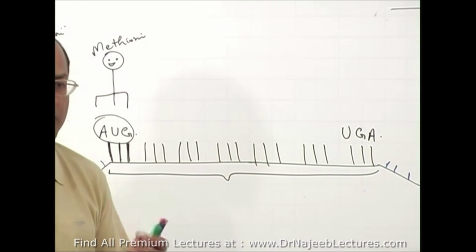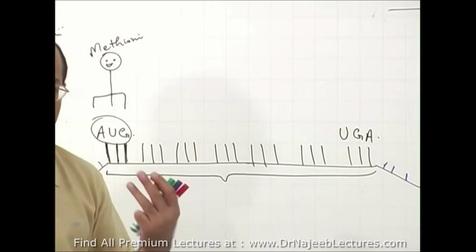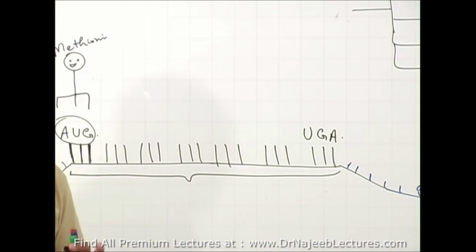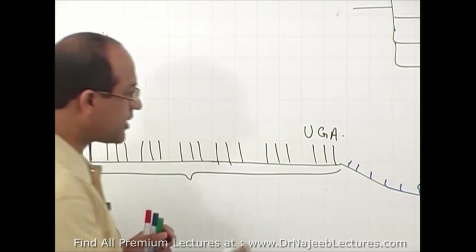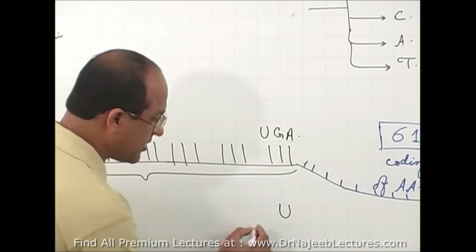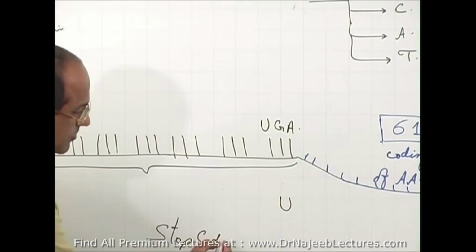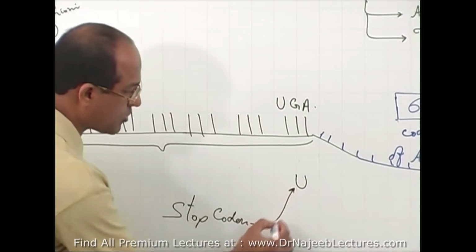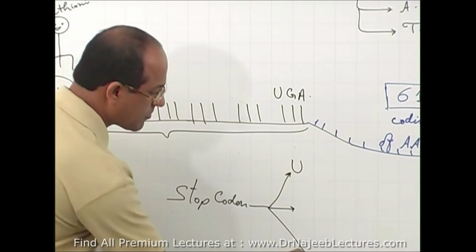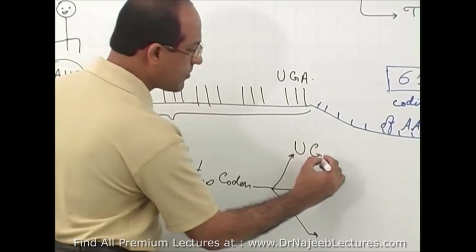It is saying to the peptide system, no more amino acid, you go away. There are 3 choices for the stop codon, 3 types of stop codon, right? You go away.